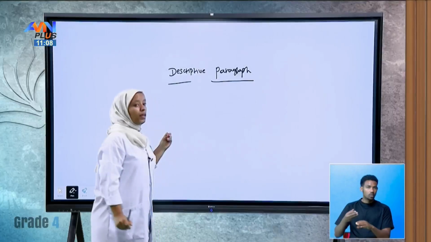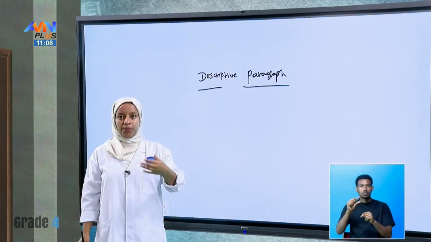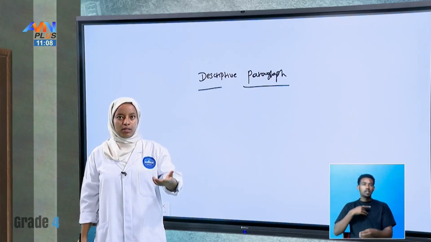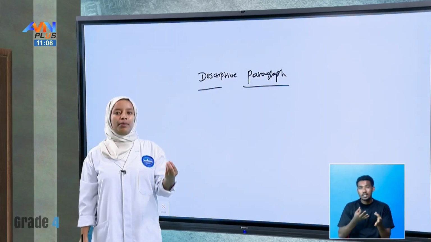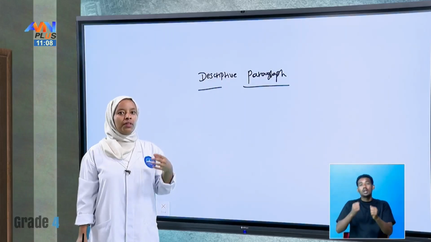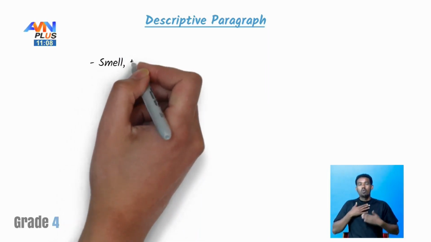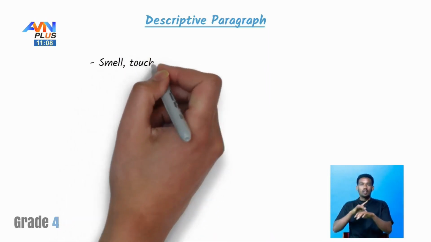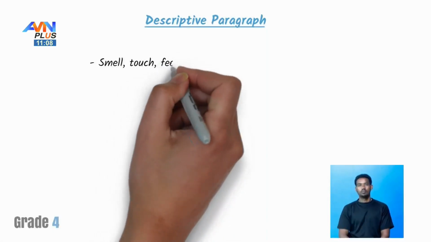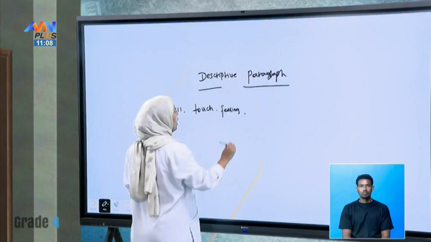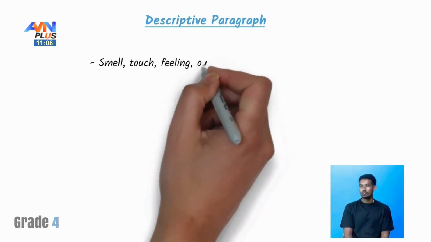Students, before starting a descriptive paragraph, let us learn about some sentences that describe something and tell you more about the details. When we say descriptive, or the word describe, we can use different words related to sense organs, like smell or touch, and senses or feeling, and we can use words like look, outlook.